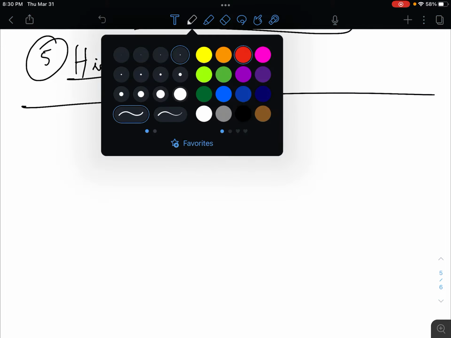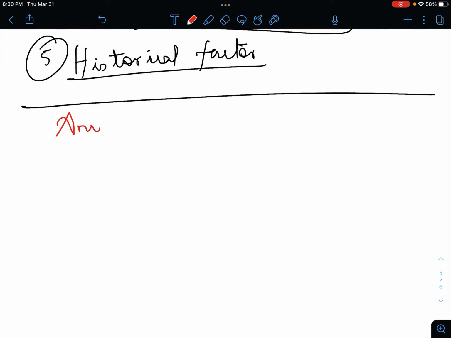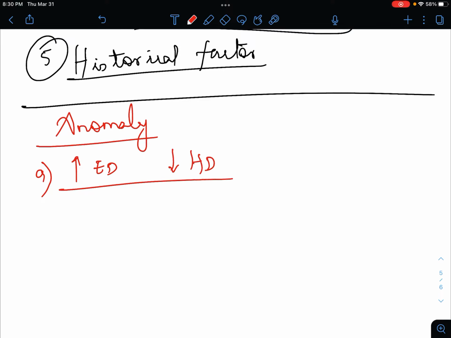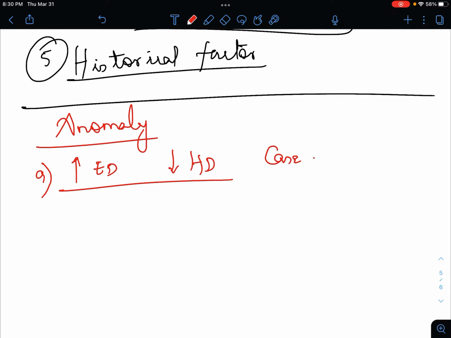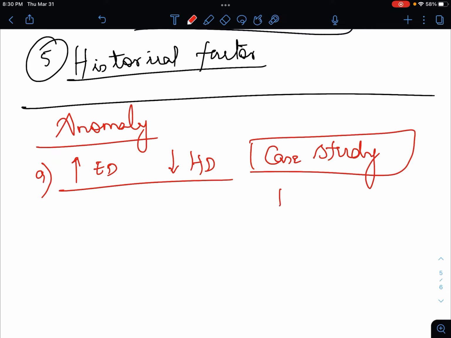Now let us go straight into the anomaly. Now anomaly, let us first see high economic development but low human development. Which countries are under this category? The best case study can be your Middle East. Middle East countries is the best case study.